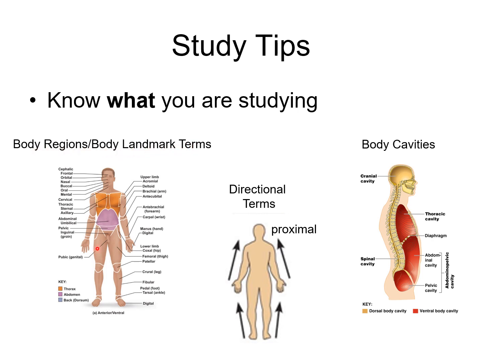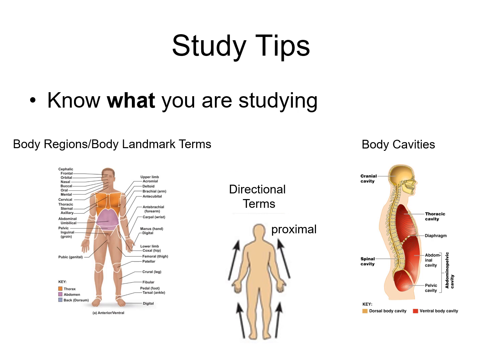Like I could point here, and if I'm looking for femoral, I will say name the body region or name the body landmark term. Or if I'm having you use directional terminology, I'll say use directional terminology to complete the following sentences, such as the shoulder is blank to the wrist.